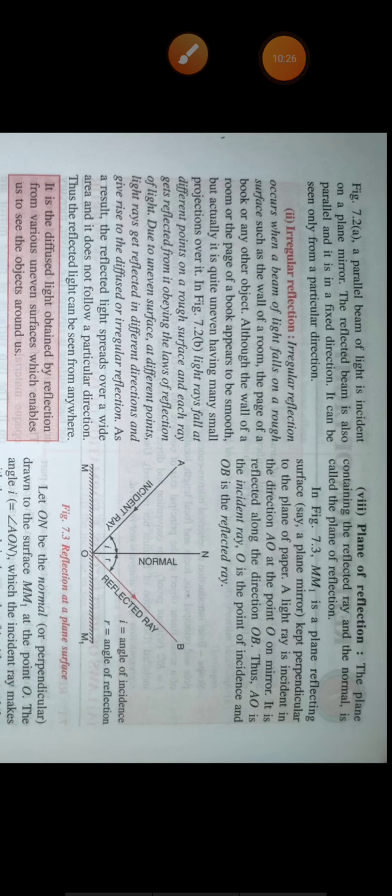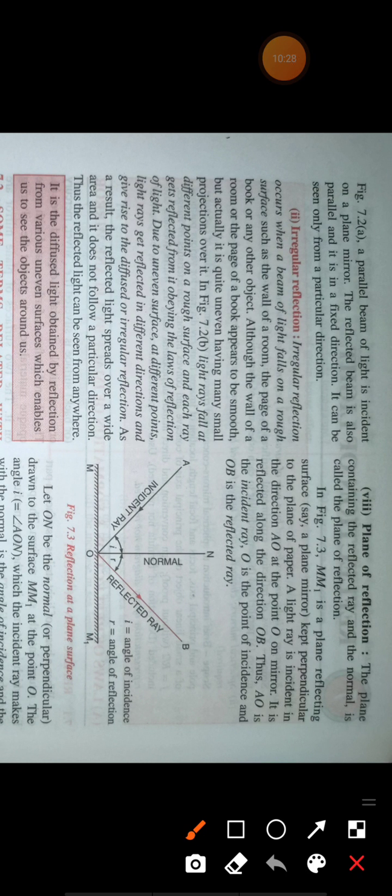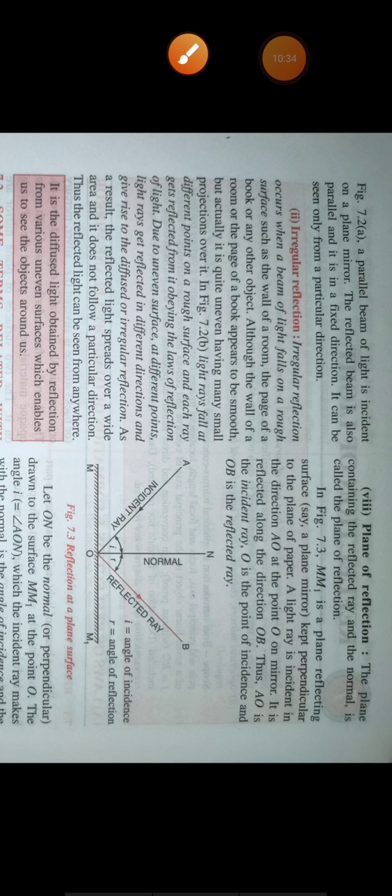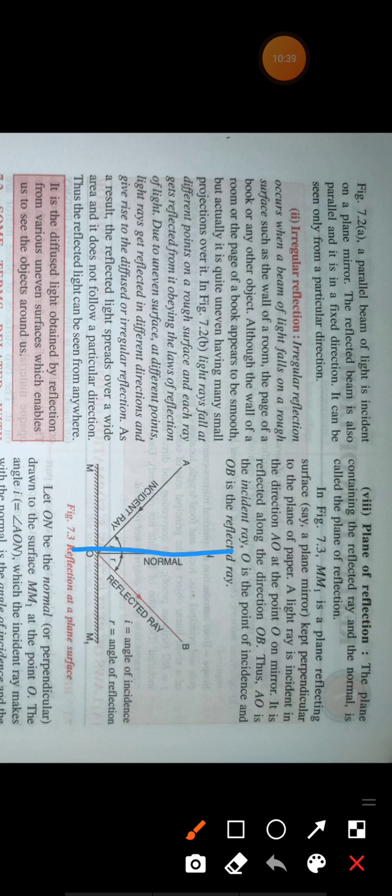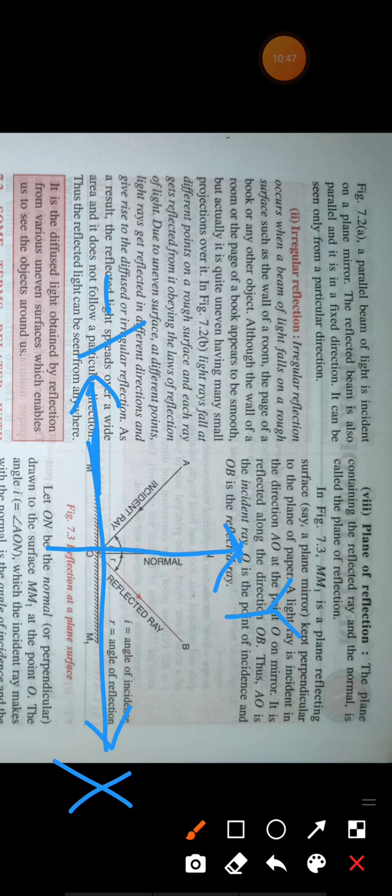Now plane of reflection, the plane containing the reflected ray and the normal line. So this plane is your plane of reflection. So I am telling you again. Suppose this is x-axis, this is y-axis. So this is minus x-axis and this is minus y-axis.